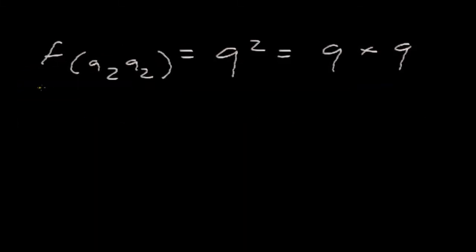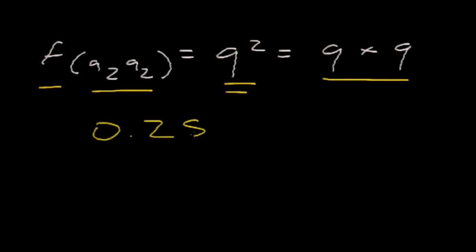Lastly, let's look at the frequency predicted for the genotype A2, A2. From our equation, we know that genotype is represented by the term q squared, and that's q times q. We know that q is 0.25, so we multiply 0.25 times 0.25.